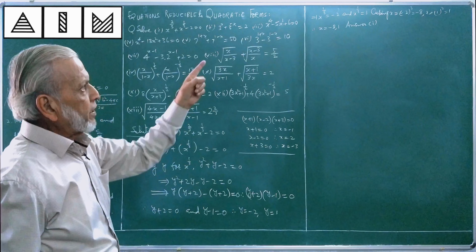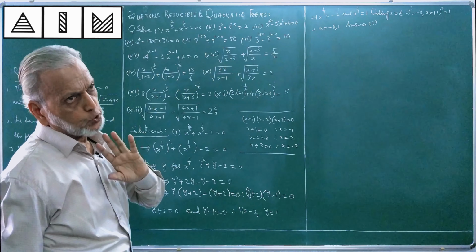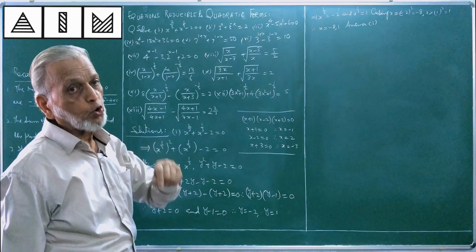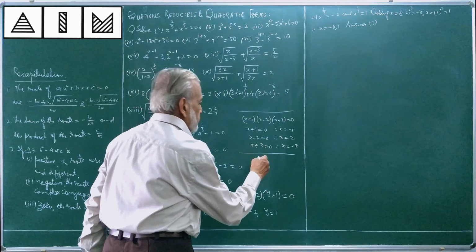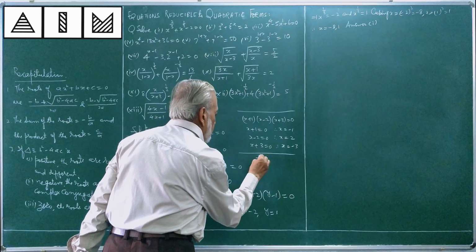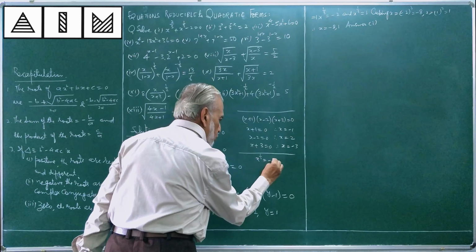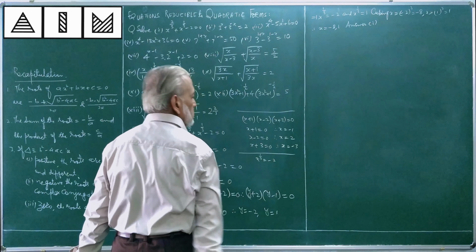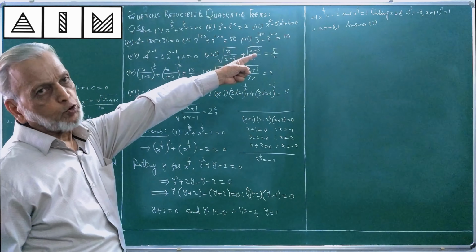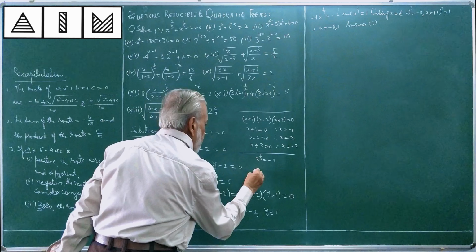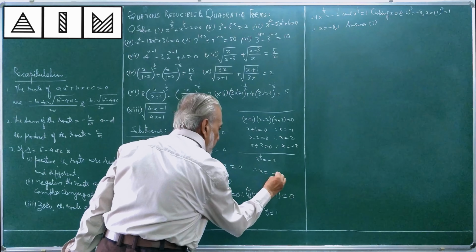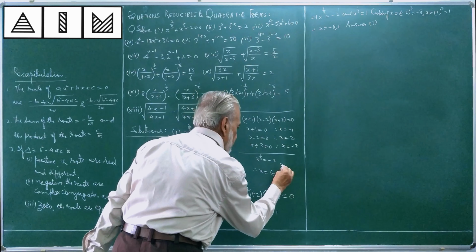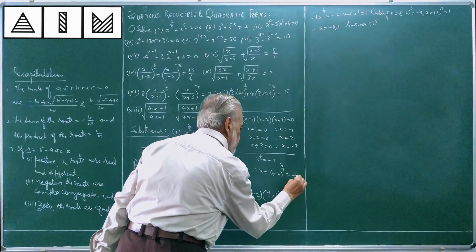One more thing, x power 1 by 3 is equal to minus 2. I have written cubing, x is equal to minus 2 whole cube. Actual work is here, please see. x power 1 by 3 is equal to minus 2. So x is equal to minus 2 power, this 1 by 3 becomes 3 by 1, resulting in minus 8.